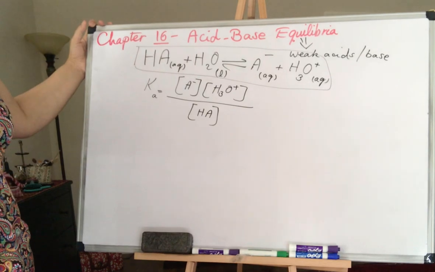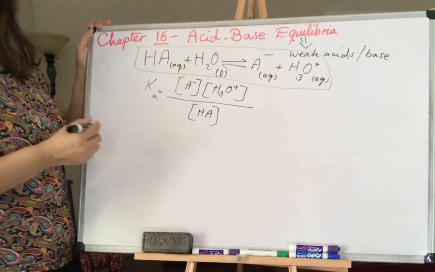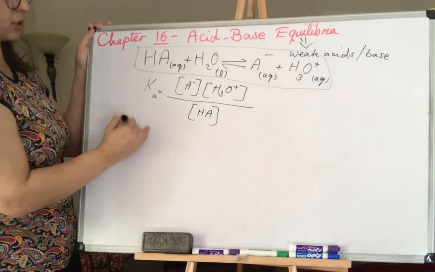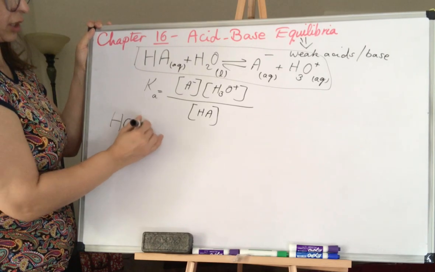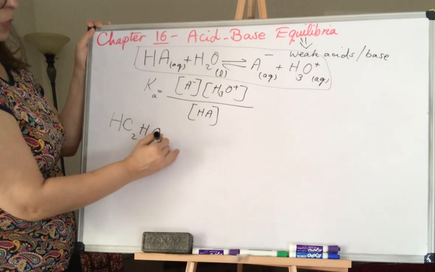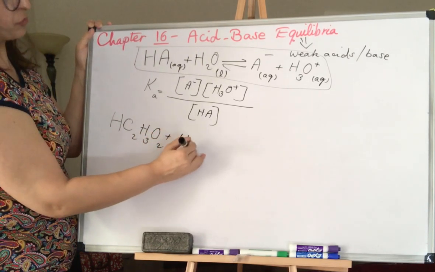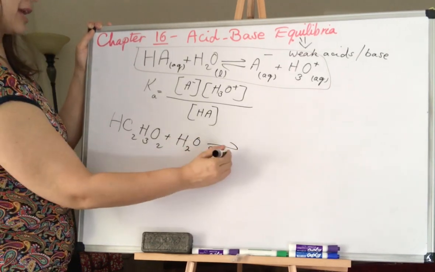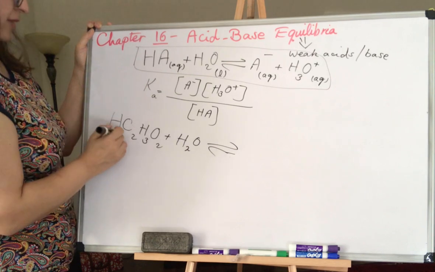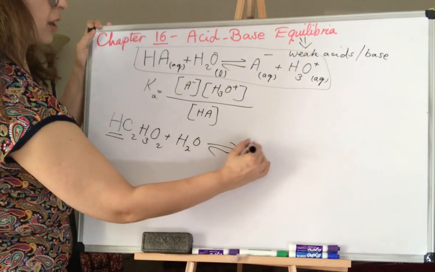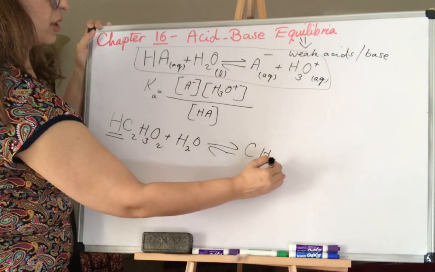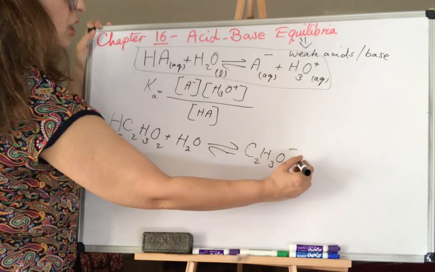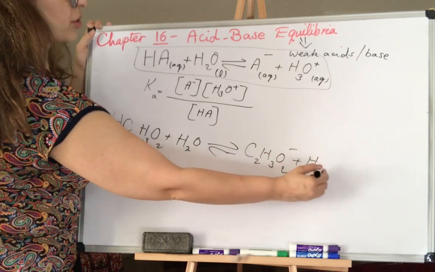For example, it's acetic acid, HC2H3O2. So what happens is that this acetic acid gives its acidic proton: C2H3O2 with a negative charge plus H3O.